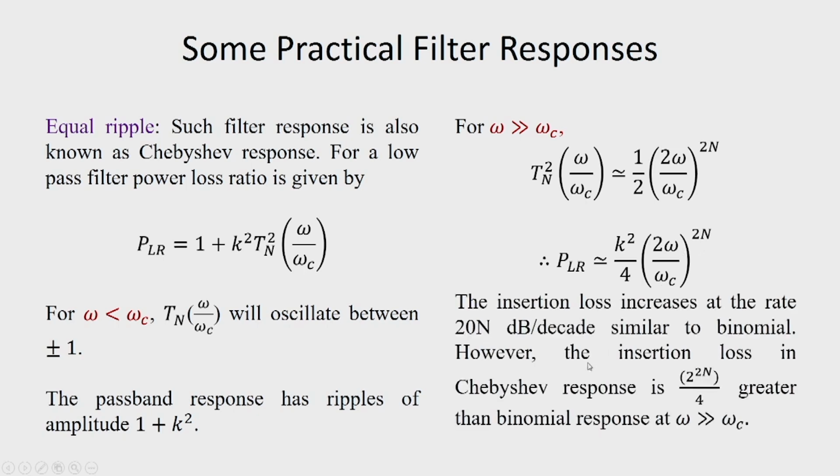So, here also insertion loss increases at the rate of 20 n dB per decade, but the insertion loss in Chebyshev response is greater by a factor 2 to the power 2 n by 4 than binomial response at omega much larger compared to omega c.